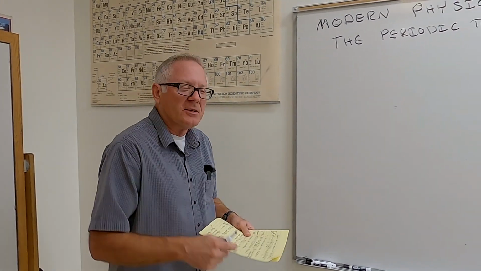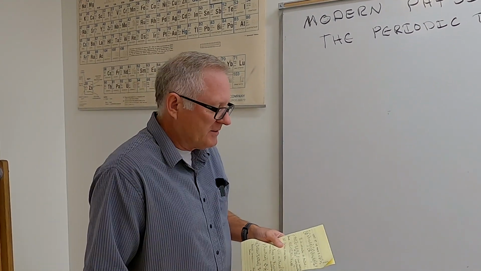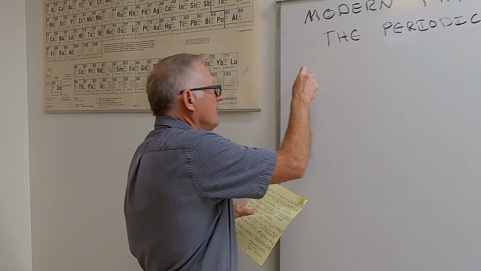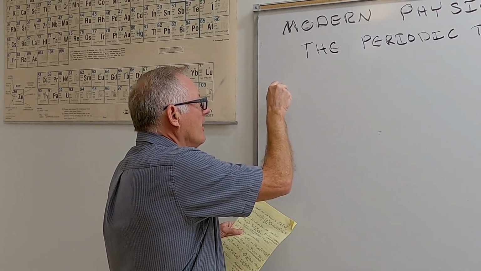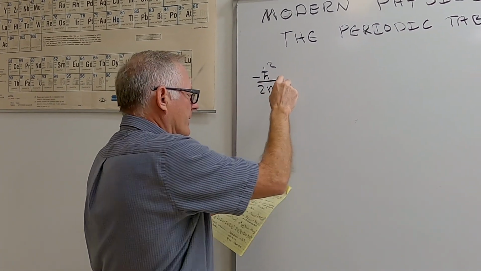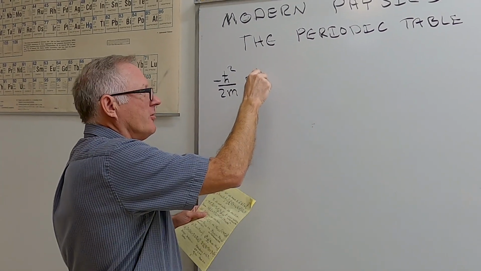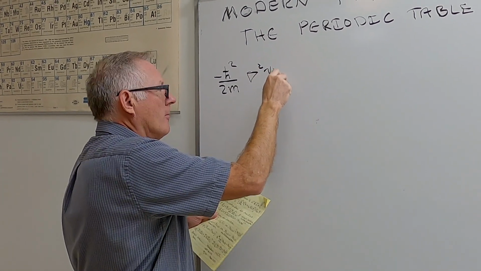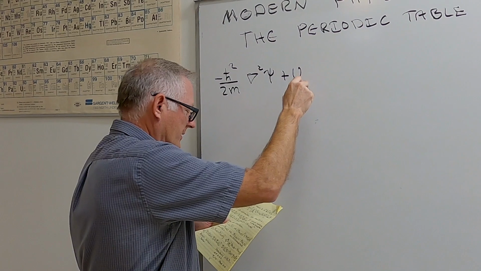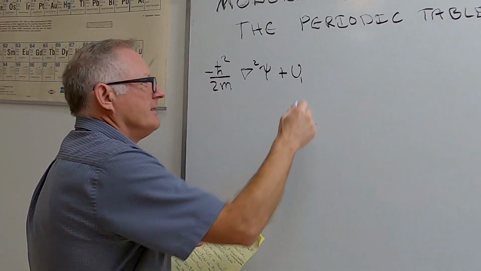You have two electrons. One is in the atom, one's at position R1 and the other one's at position R2. What's the Schrodinger equation? Well, the Schrodinger equation is now minus h bar squared all over 2m del squared, remember this is in 3D, psi plus U for the first electron, say.